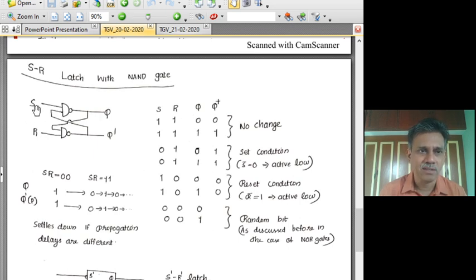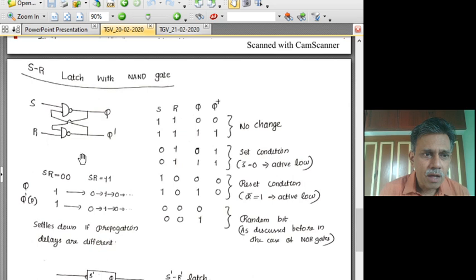One we call S, another we call R. It has two outputs, which we do not at this stage know how they are going to work, but we will simply call them Q and Q complement. The reason why we call it Q will also become evident soon. So this is what we call a latch with cross-coupled NOT gate configuration.